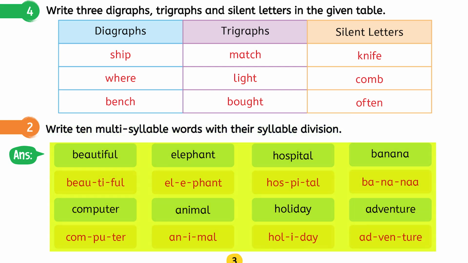So if we talk about beautiful, so they are 3 syllables, beautiful. Elephant. Hospital. Banana. Computer.